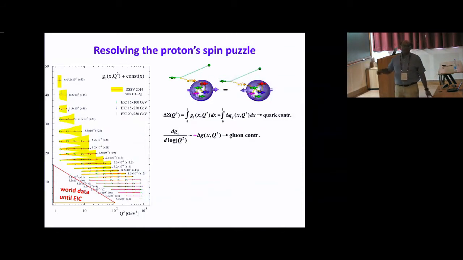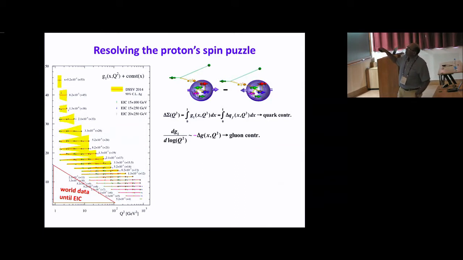So what can this EIC do? I said all these problems, the spin, the distributions, and so on. So what can you do with an EIC? You have to tell me what you can do. Based on our studies, here's something called the G1 structure function, which measures the helicity distribution of quarks in the protons.